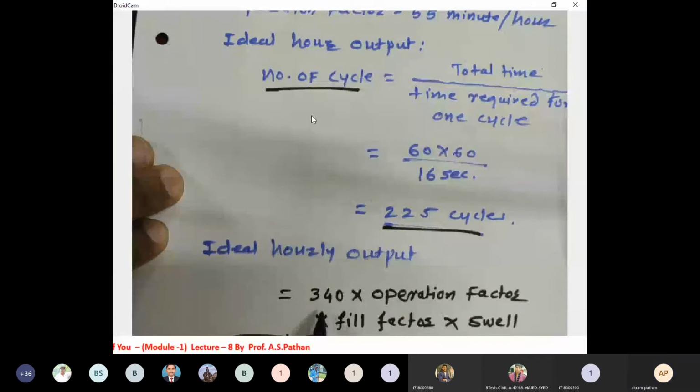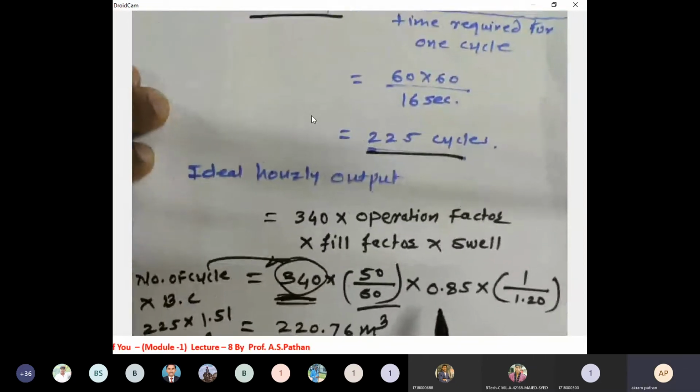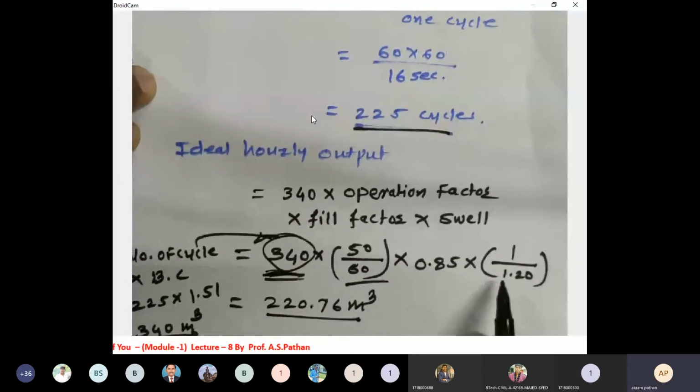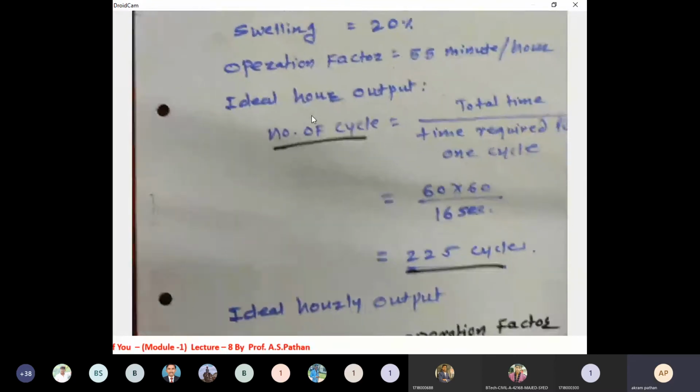So the number of cycles into bucket capacity into operation factor into fill factor 0.85 into swell 1 divided by 1.25, we will get the ideal hourly output. So ideal hourly output is 220.76.